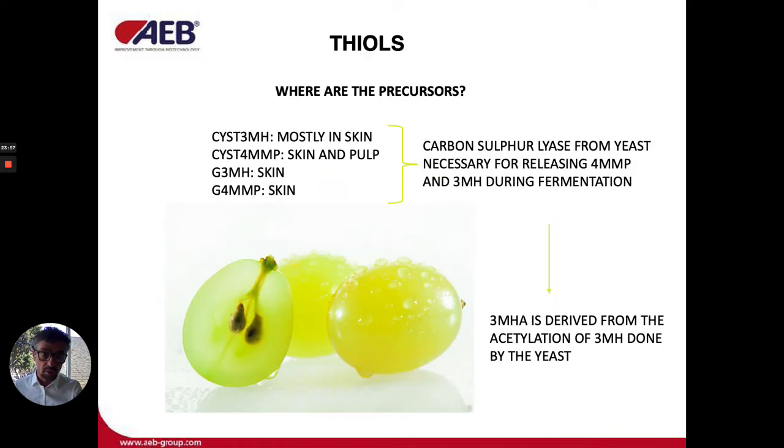Also, we have skin containing precursors, especially for the 3MH and the 4-MMP, and the G3MH and the G4-MMP. So all these precursors are in the skin.